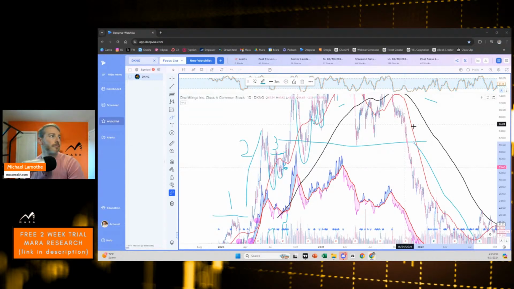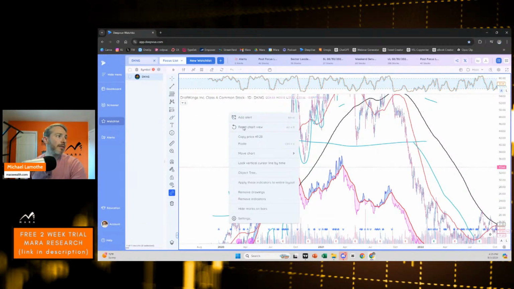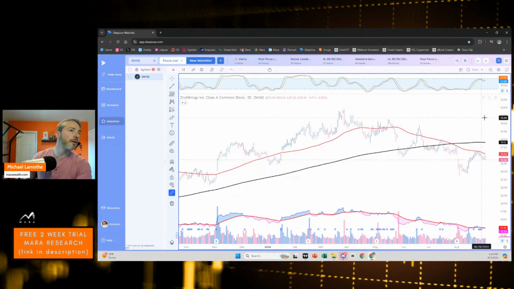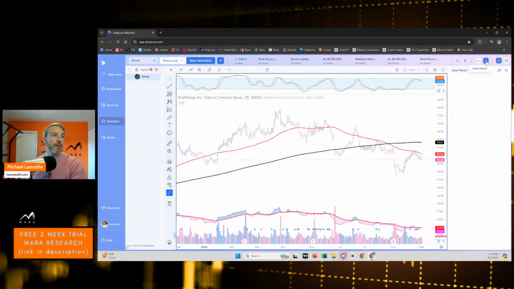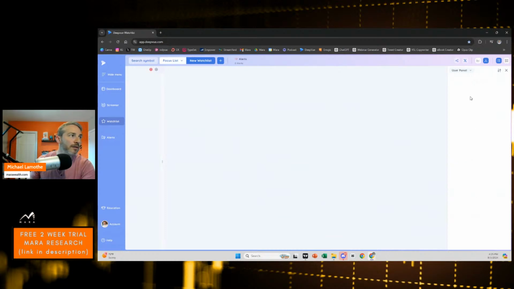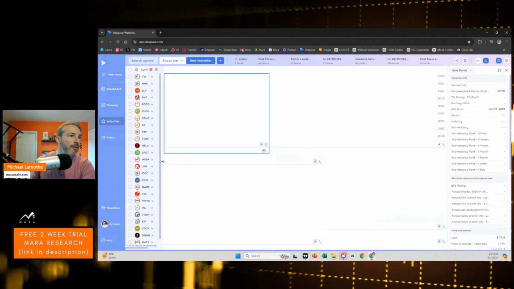Here's one way that Deep View can help you with stage analysis. If you come over to this button right here, they've got this data panel. You pop that out, wait for it to load. Refresh the page, see if that helps. Yeah, there you go.